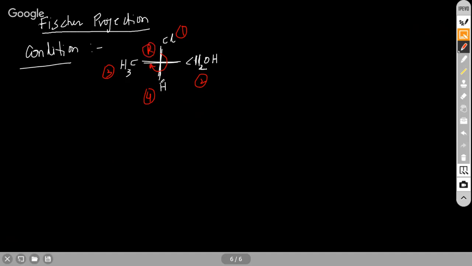Here also the same thing we have. Even number of swaps, configuration remains same. Odd number of swaps, configuration will change. Right?